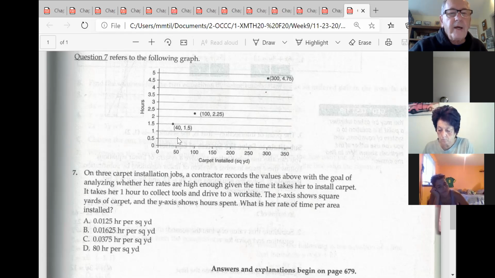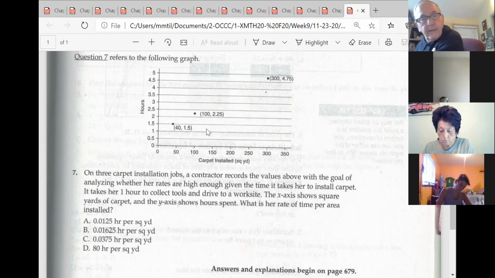So it's 2.25 minus 1.5, which is 0.75, divided by 100 minus 40, which is 60. So it's 0.75 divided by 60. Whatever that's equal to is one of these numbers down here.